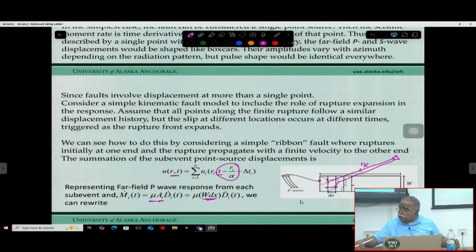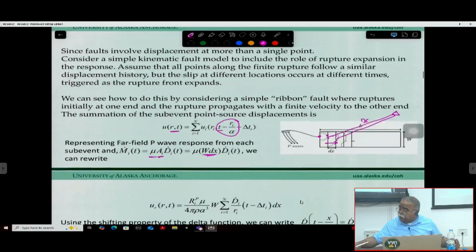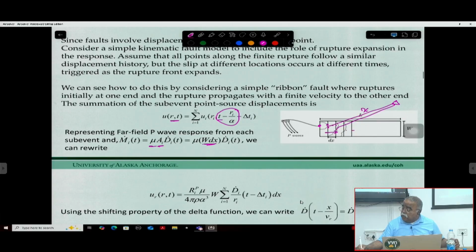So therefore we can write U(R,t) will be, if you put all the formulas from before, R theta phi into mu into 4 pi rho alpha cubed into W. So this is your W into D dot into Ri into T minus this, into your delta X or the dx. So that will be your total calculation, right?